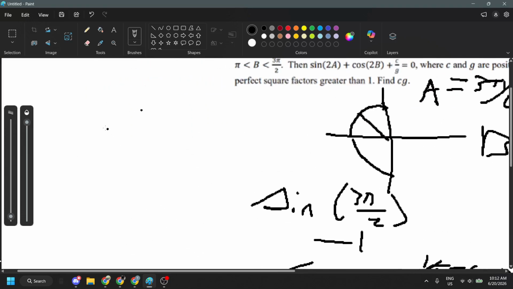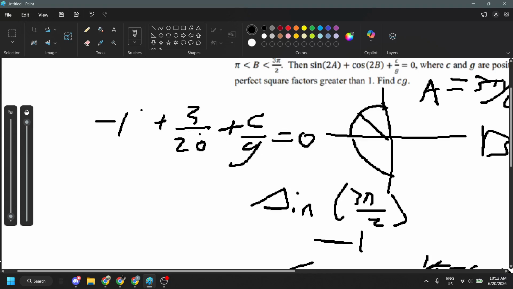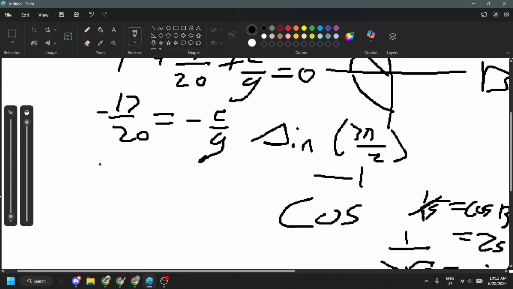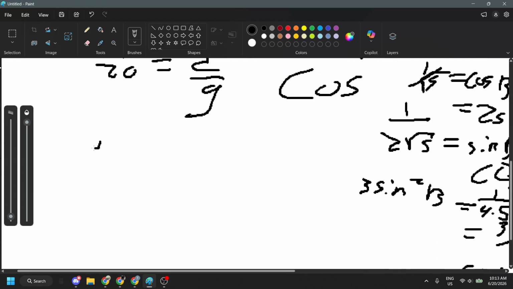So now we have negative 1 plus 3 over 20 plus c over g is equal to 0. So this is negative 20 over 20 plus 3 over 20, so negative 17 over 20 is equal to negative c over g. So 17 over 20 is equal to c over g. cg is equal to 17 times 20. 17 times 2 is 34, so 340.